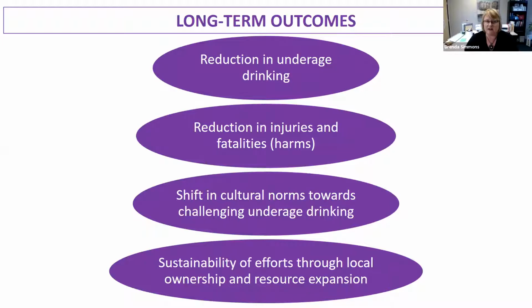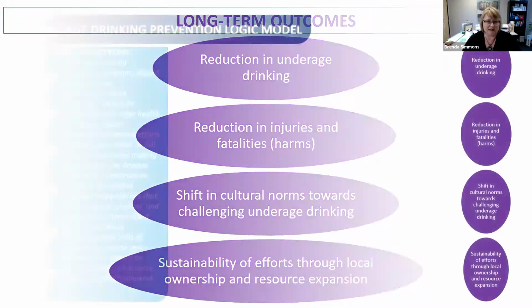We want a shift in cultural norms towards challenging underage drinking. And we want sustainability of efforts through ownership and resource expansion, so that the way this program impacts underage drinking is sustainable long after the program is gone, and it's owned by the community and carried on. Next slide, please.